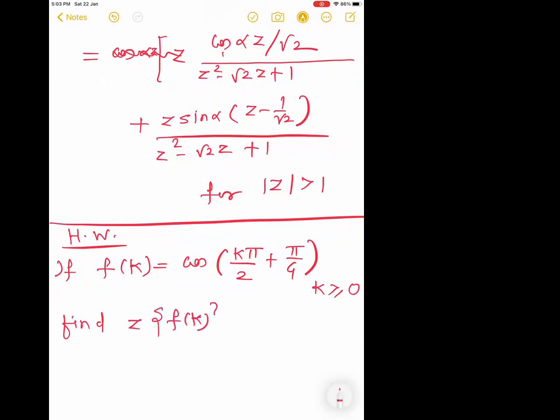Okay. It is the same as what we did today. Only you have to write the trigonometric formula and then apply the Z transform. You will do.